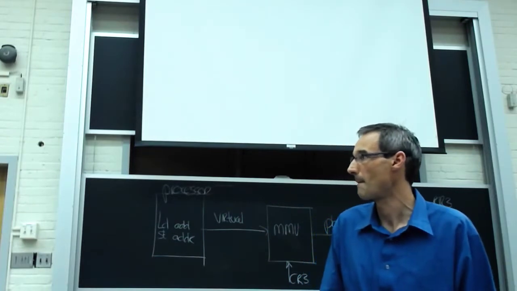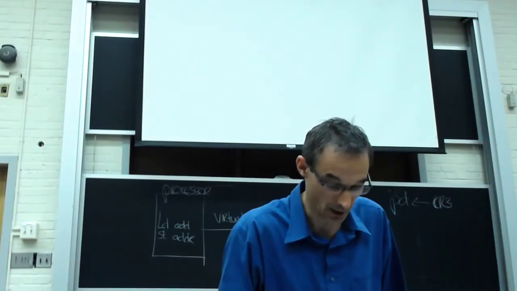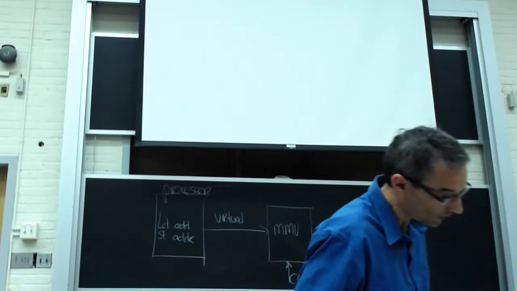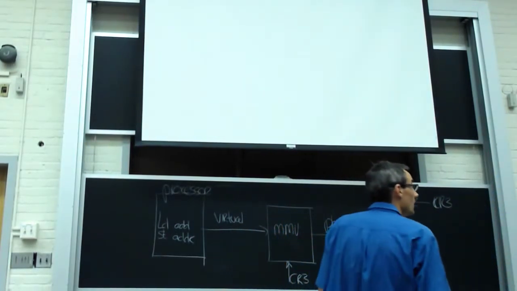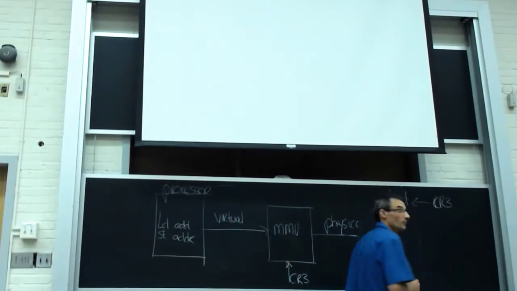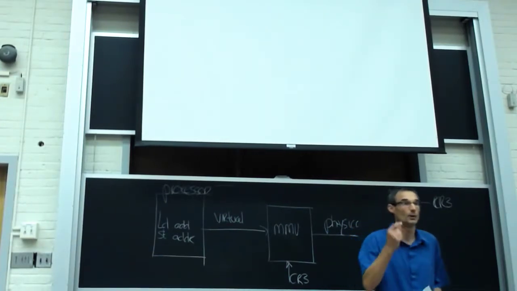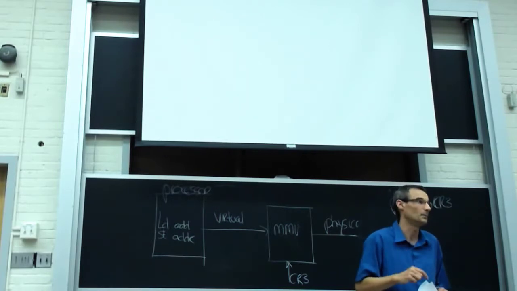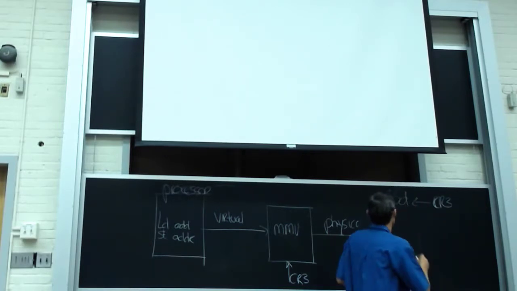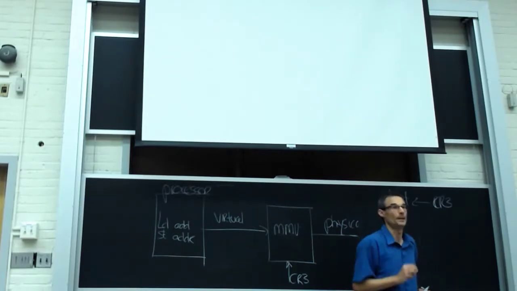Make sense? And so the way the indexing works is you take the top level 10 bits. 10 bits allows you to address 2 to the power 10, which is exactly 1 kilobyte entries, and you use that as an index into the page directory.